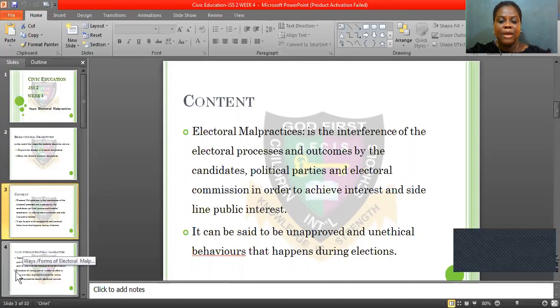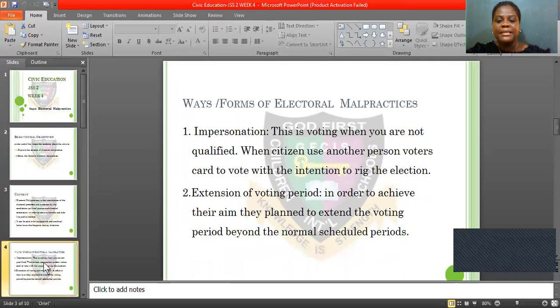The other thing we want to look at is the ways or forms of electoral malpractices. What are the things that people do that make us say there is electoral malpractice? Number one, we have impersonation. Impersonation is an English word that says that another person is claiming to be the actual person that possesses the name, the material that the other person is holding.